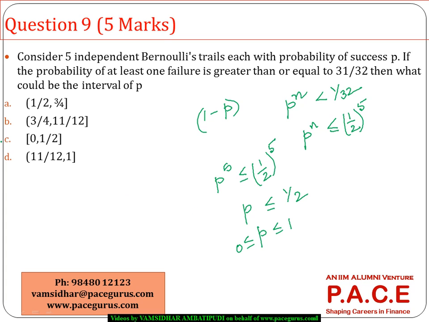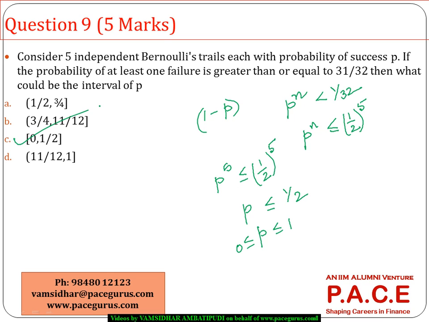So overall we are saying that the probability of success should lie between 0 and half, so that the probability of all 5 successes is less than or equal to 1 by 32, so that at least one failure will be anything greater than 31 by 32, because at least one failure means it should not include even one success. So I'll mark C as the answer in this case.